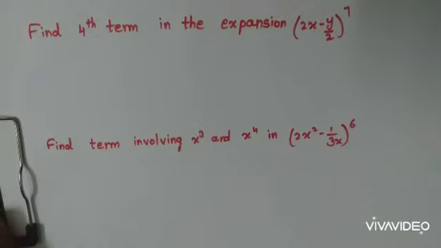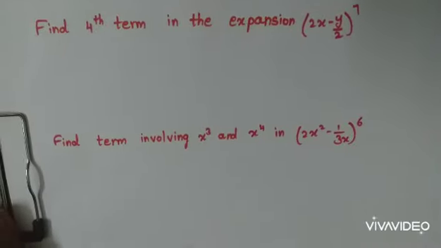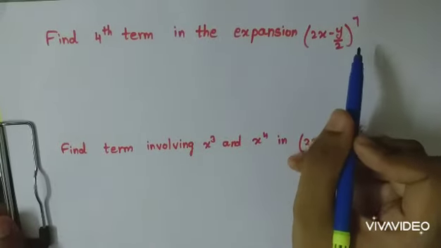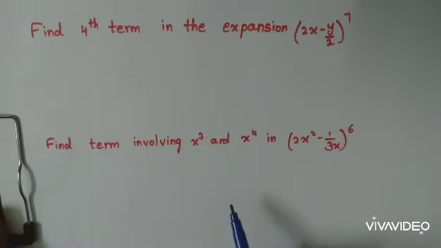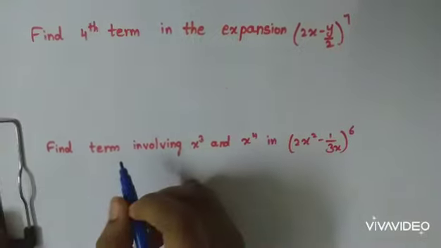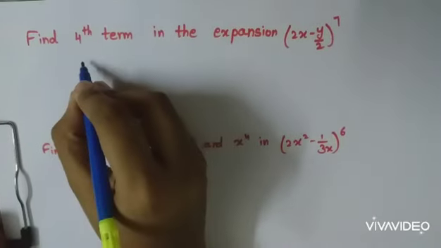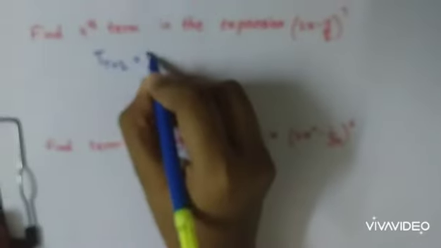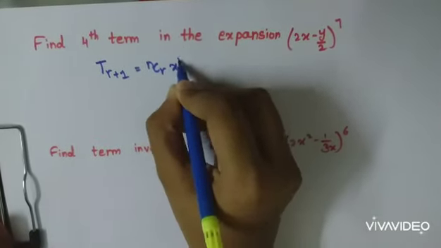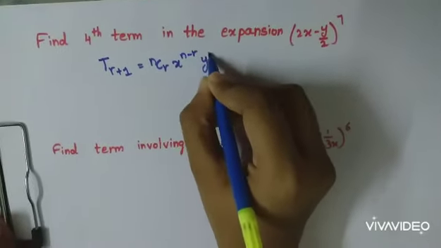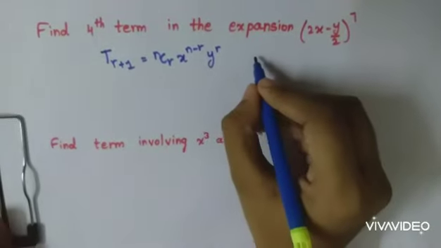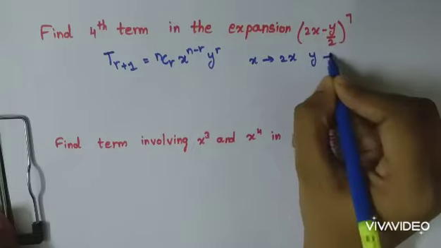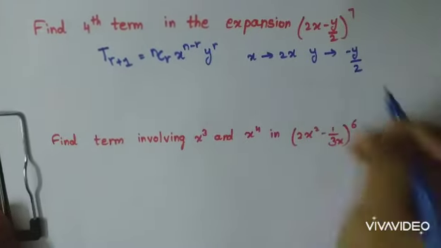Now let's move on to the next question: find the fourth term in the expansion of (2x − y/2)^7. We know the general term in a binomial expansion, the (r + 1)th term, is nCr x^(n−r) y^r. In this question, x is replaced by 2x and y is replaced by −y/2.